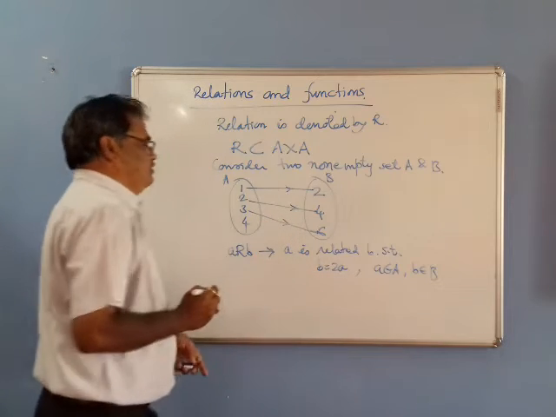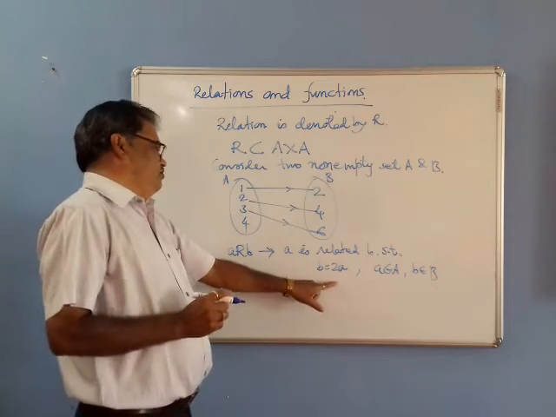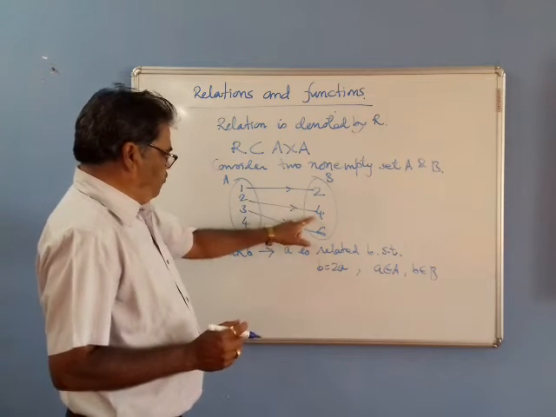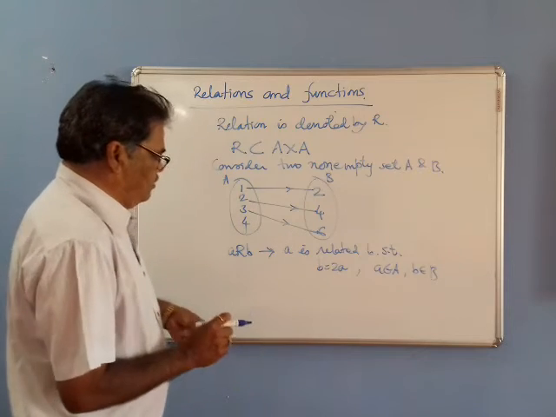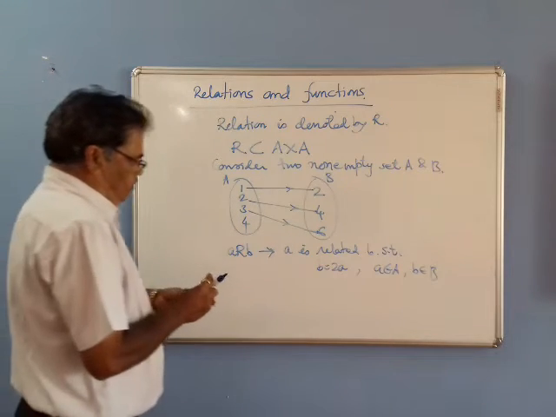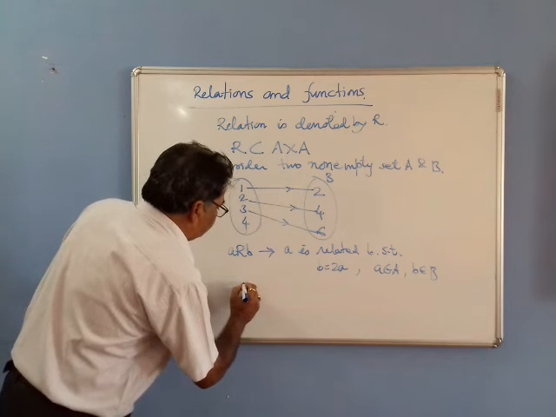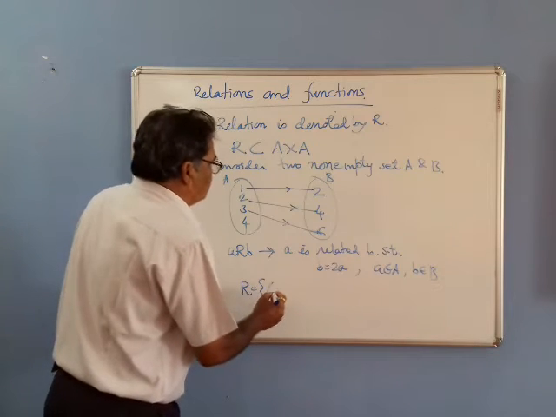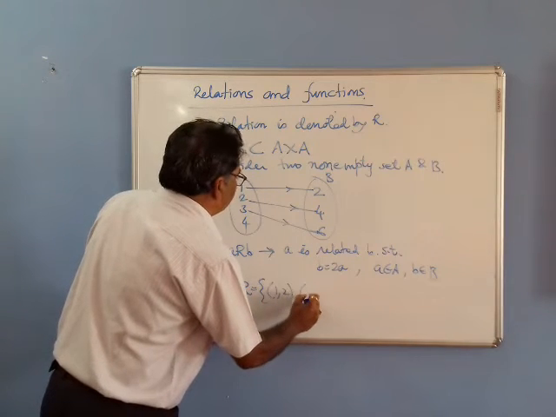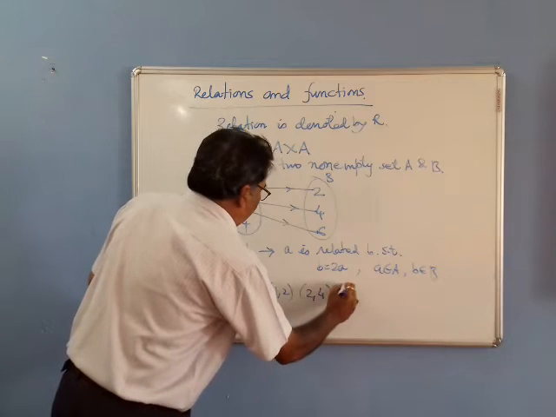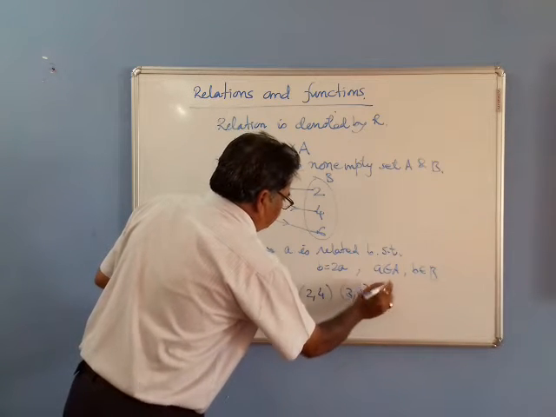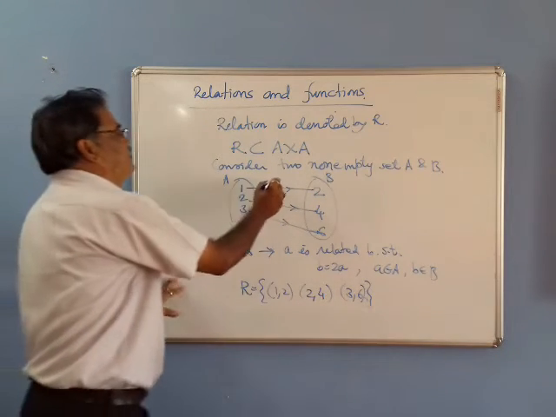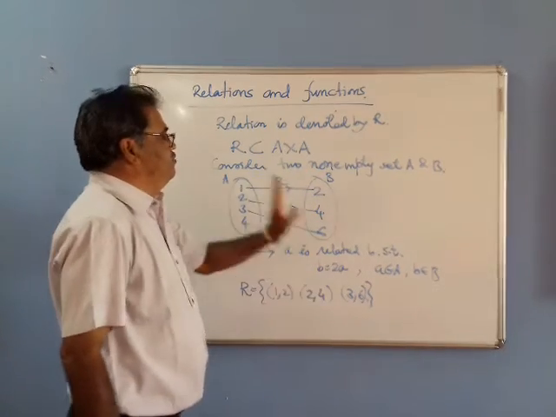As per this condition, b equal to 2a, only these are related. Now it is in the form of ordered pairs: (1, 2), (2, 4), (3, 6). This is your relation R as per b equal to 2a.